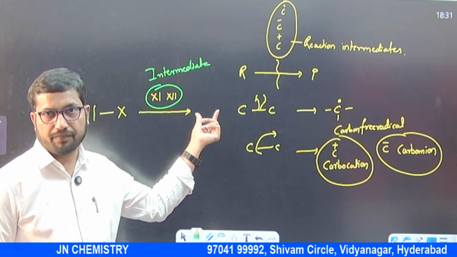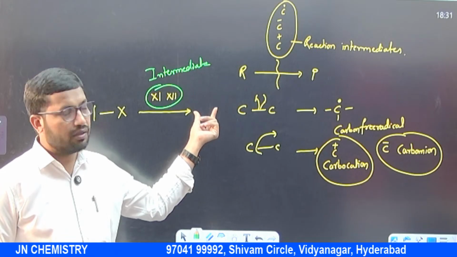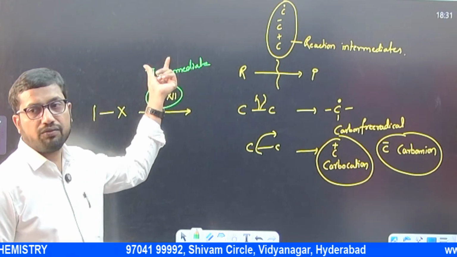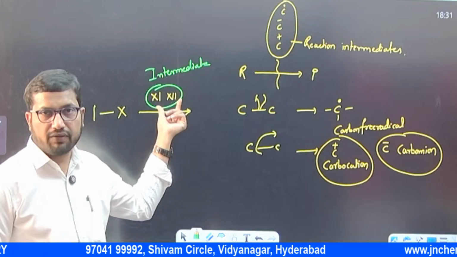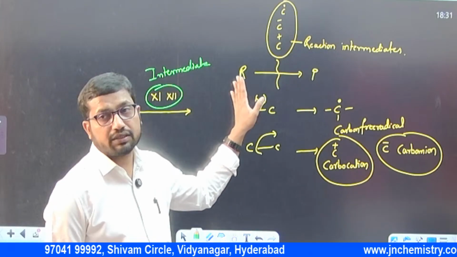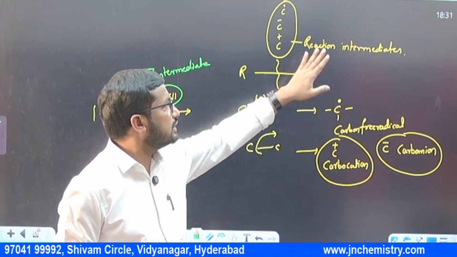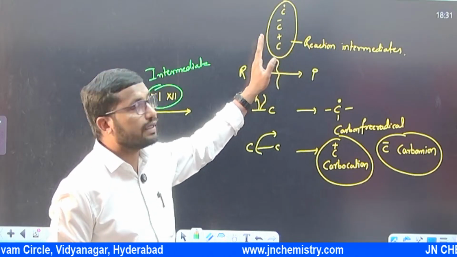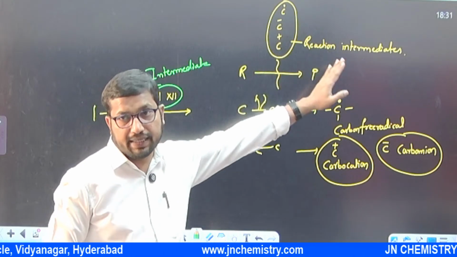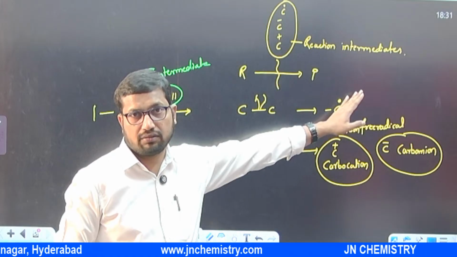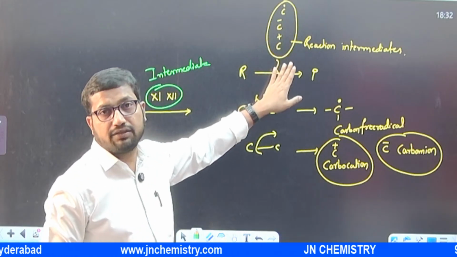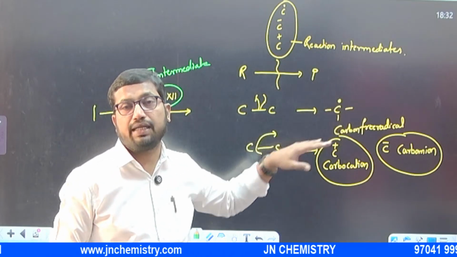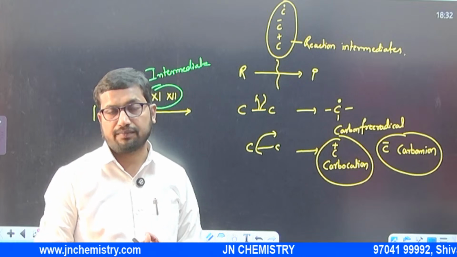In the same way, when a reaction takes place, these reaction intermediates are also that important. These reaction intermediates will decide the product, which is the major product and which is the minor product.